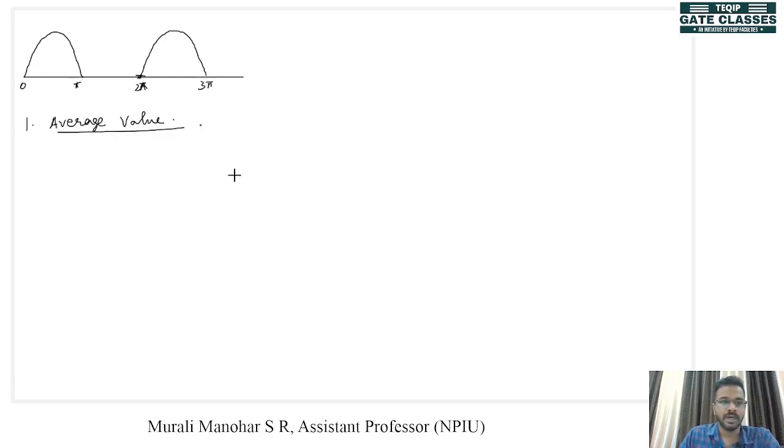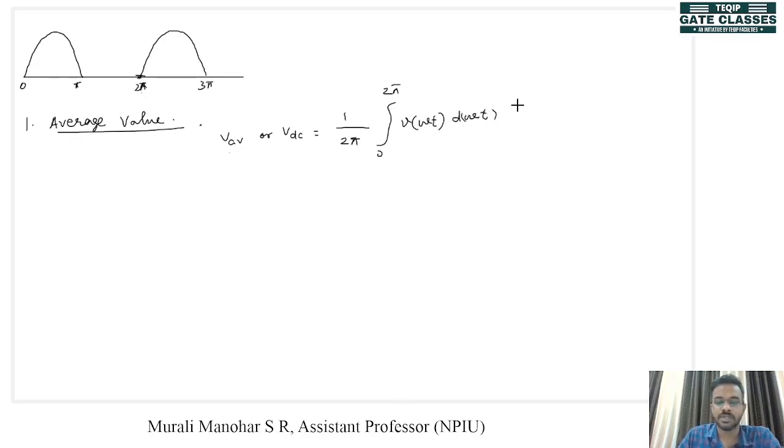Now for our first performance parameter, we will find the average value of this output signal. When we find the average value of this waveform, instead of integrating it with time, we will integrate it with angular displacement. So in this case, our V average or VDC is going to be 1 by 2 pi, the entire cyclic period, integral over 0 to 2 pi V of omega t d omega t.